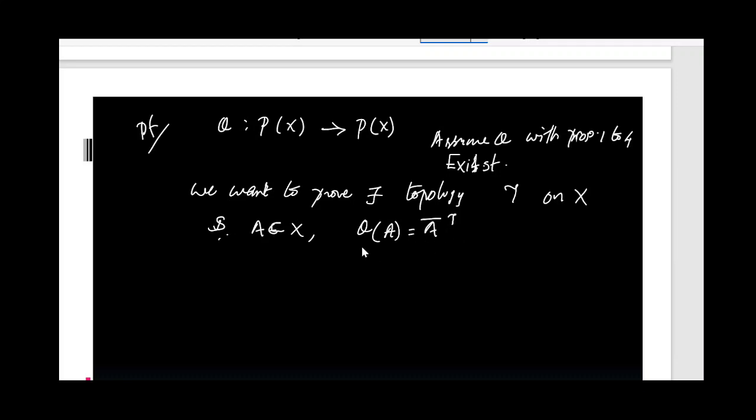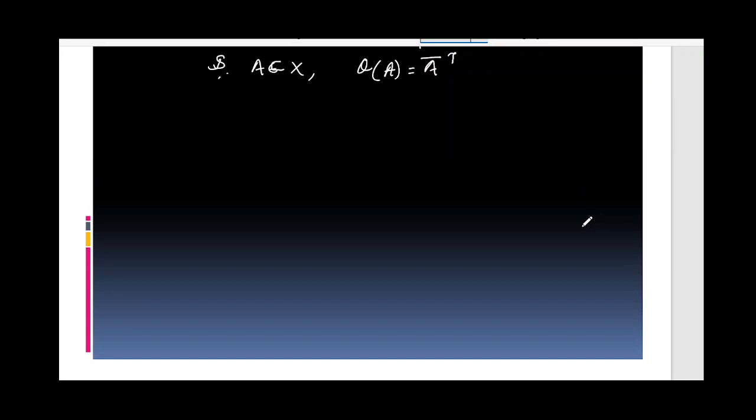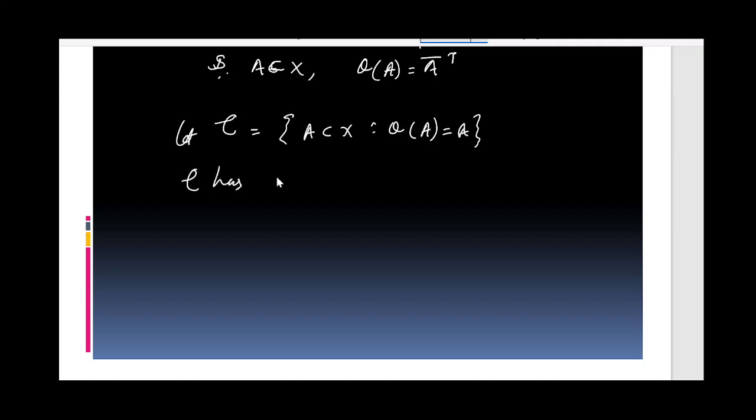So for that, first we constructed a set script C. Let script C be the set of all A subset of X such that theta of A is equal to A. And we will say that C has certain properties.